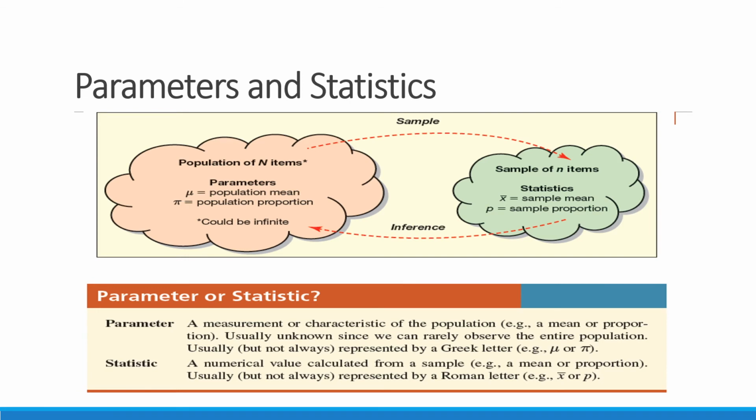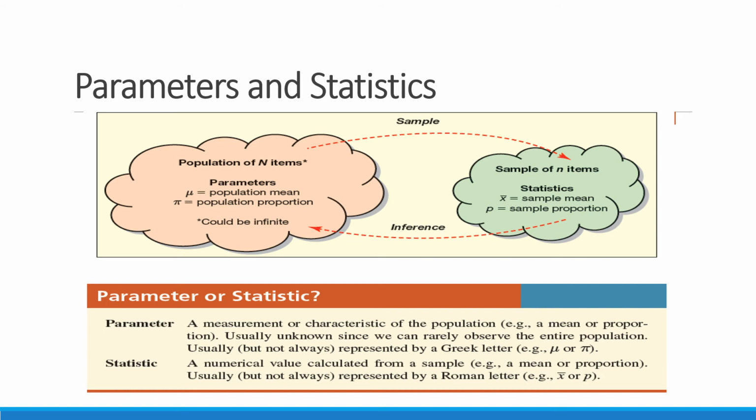So if we want to estimate this parameter, we collect a sample. A sample is a subset, a fraction, a small number of items of the population. So if the sample contains small n items, we calculate different statistics for them, such as sample mean and sample proportion.